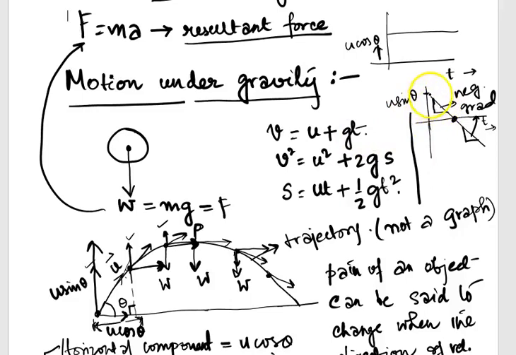For example, in this case, the negative gradient actually represents deceleration because as it's moving up, the velocity is reducing from a maximum to zero. Here, this negative gradient is representing acceleration, but why? Because it's representing acceleration in the opposite direction to this. In this case, it was moving up; in this case, it's going down. So it still retains its negative character, but it changes the way it affects the motion.